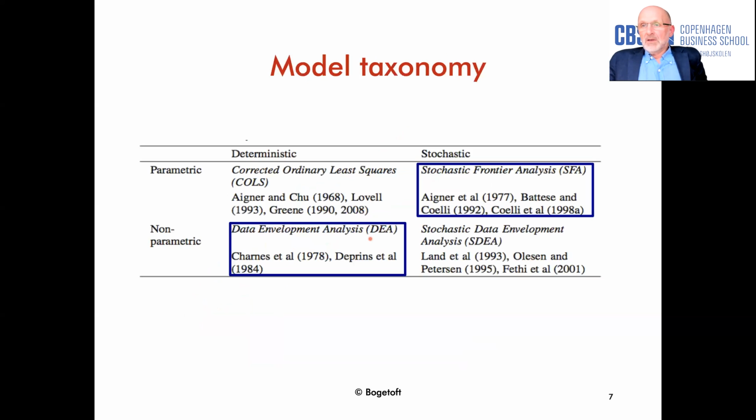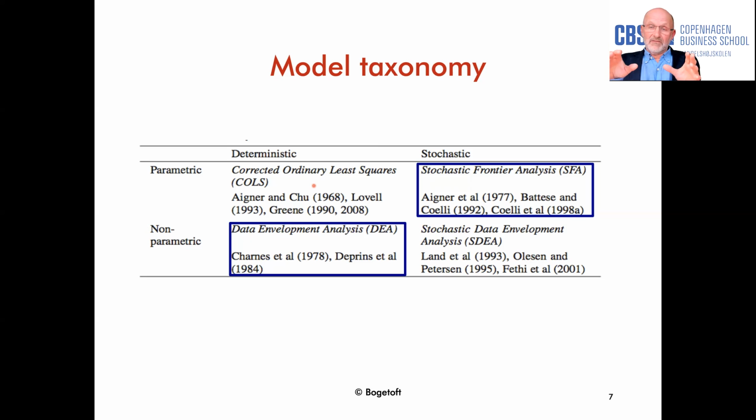Okay. We have 4 classes of methods depending on whether we use parametric or non-parametric, or deterministic or stochastic models. And what we're going to focus on in this presentation is mainly over here. We're going to start though by also mentioning some of those, the parametric but deterministic models, which are models where we assume that any deviation from the model is due to inefficiency.